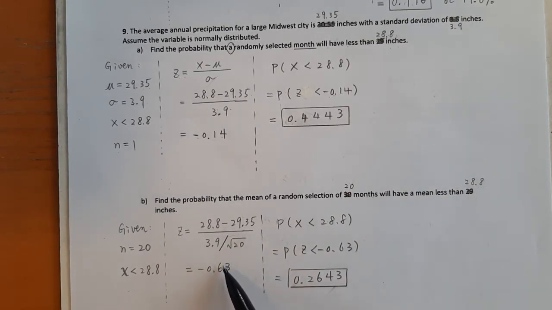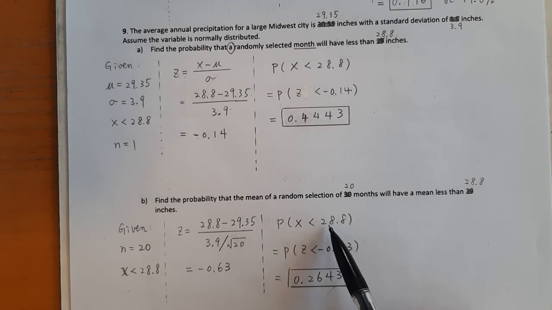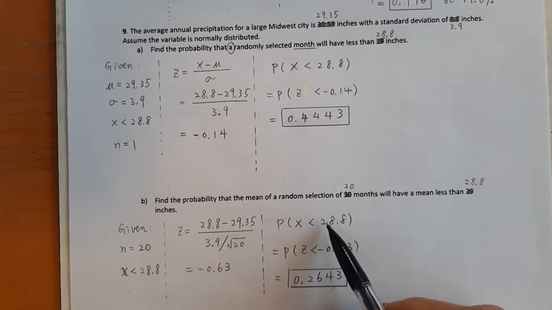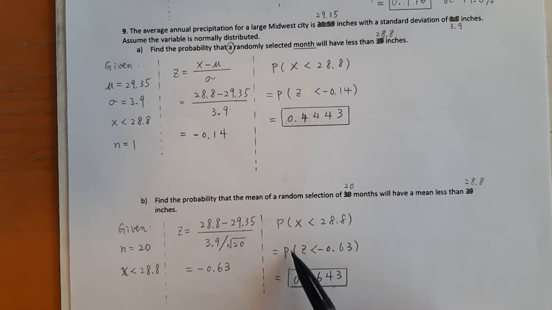So then use calculator, you can figure out it's negative 0.63. So 28.8 translates to a z-score of negative 0.63. So looking for probability of x less than 28.8 is equal to probability of z less than negative 0.63.